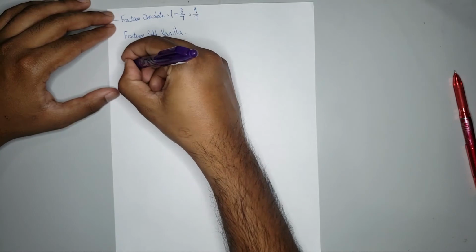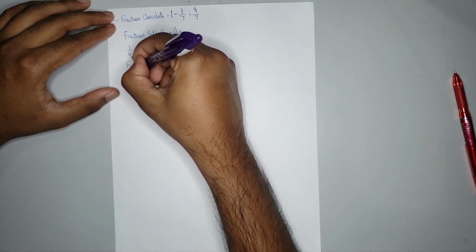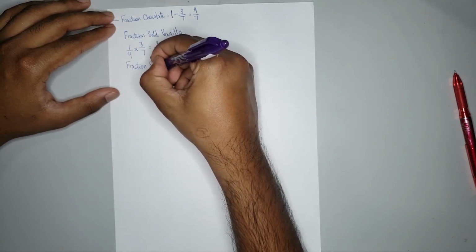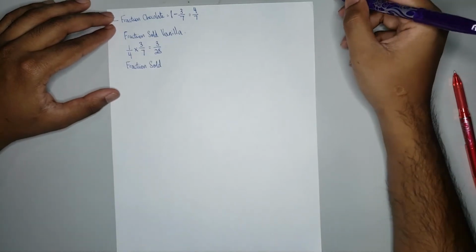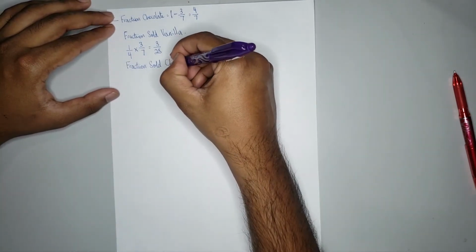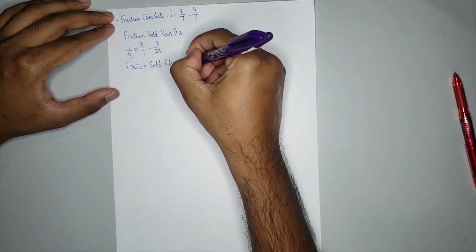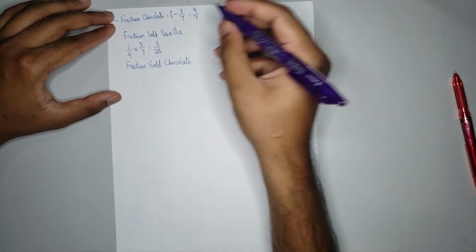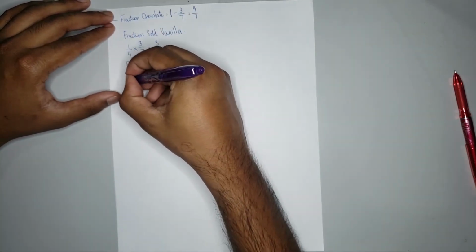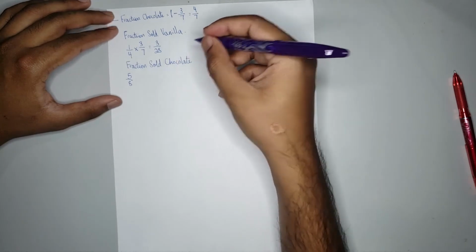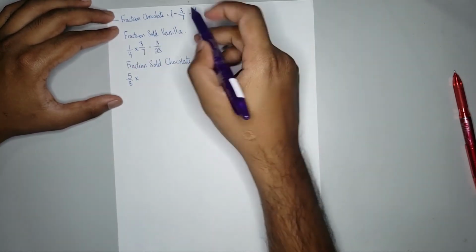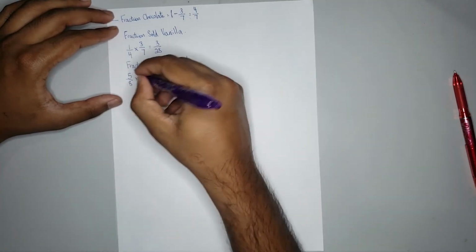We need to calculate the fraction sold that were chocolate. They said the fraction of chocolate that was sold is 5/8. So 5/8 of the chocolate amount, which is 4/7, we found out.